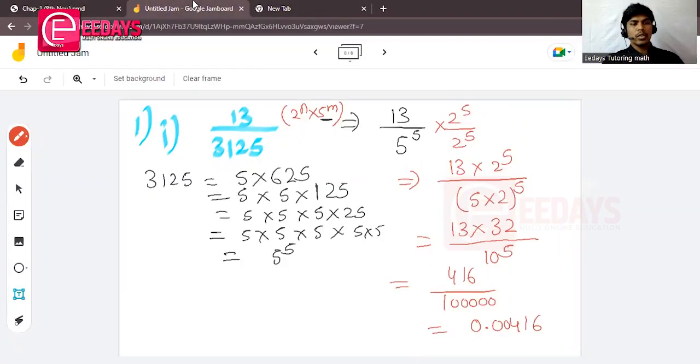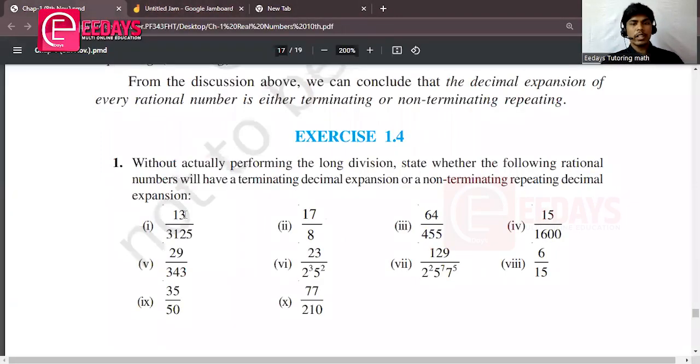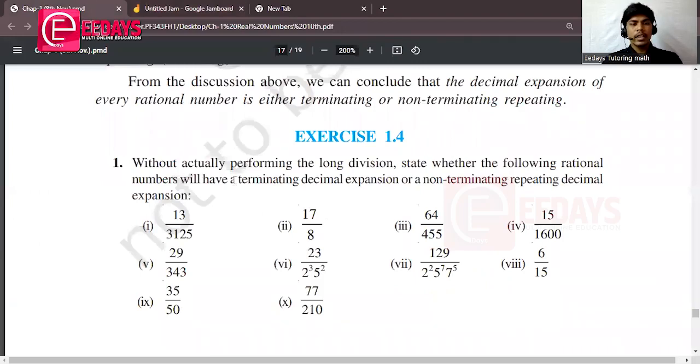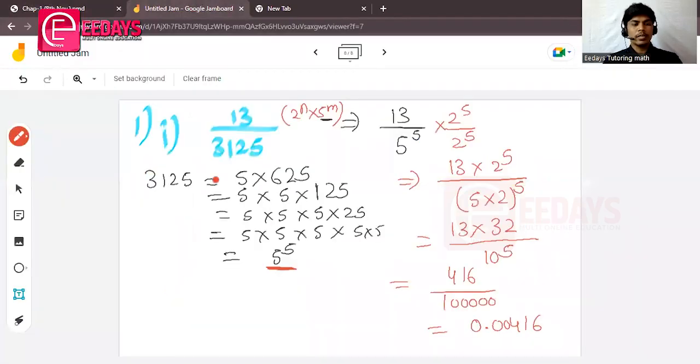Or else do one thing. Here it is not in the form of 2 power n into 5 power m, because we have only 5 power 5. What is the question asking? State whether the rational number has a terminating decimal expansion or a non-terminating repeating decimal expansion.